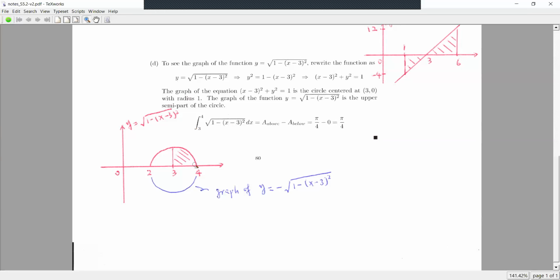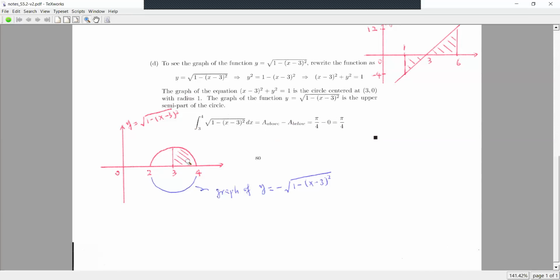So this integral is the net area of this region: A above minus A below. This region has no part below the x-axis, so A below is 0.